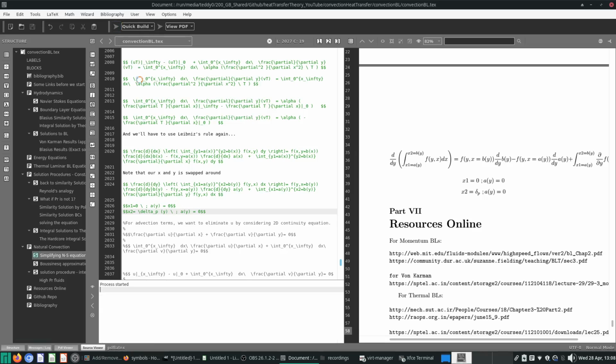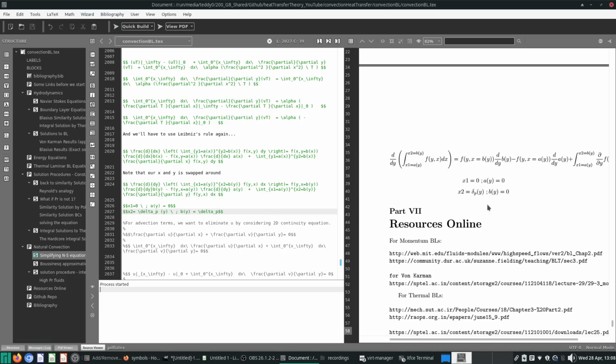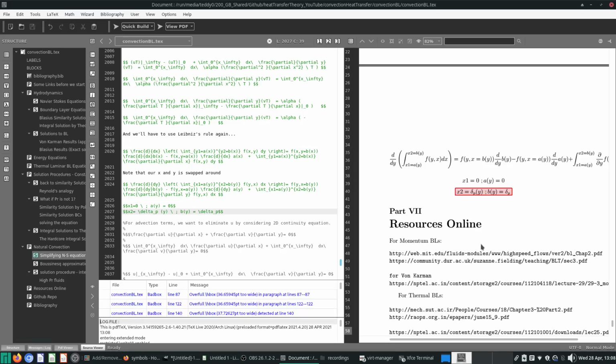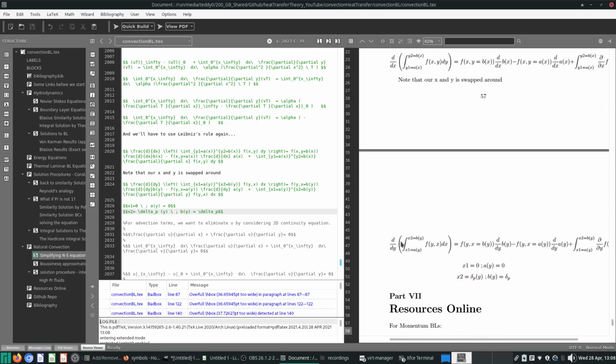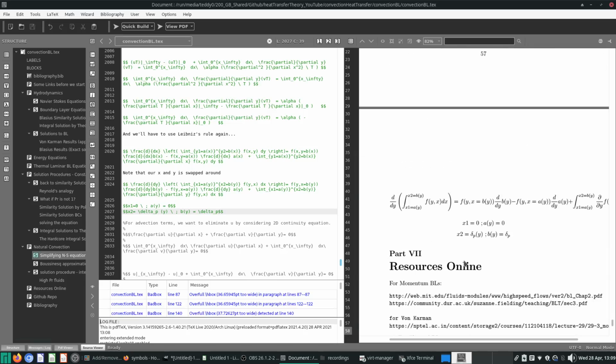So b(y) equals delta P. In the momentum boundary layer thickness, we will have T equals T infinity, V equals V infinity, which is what we actually set up to do.